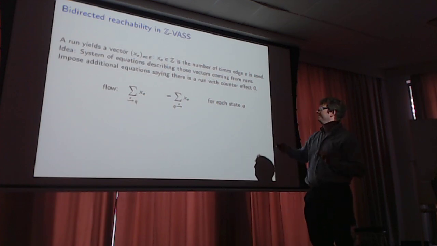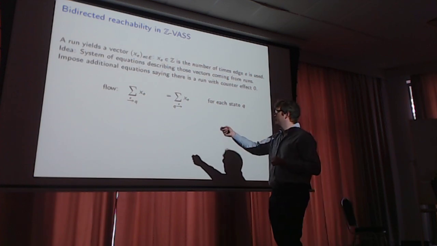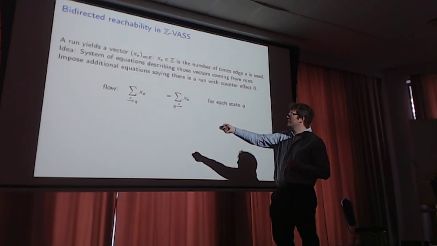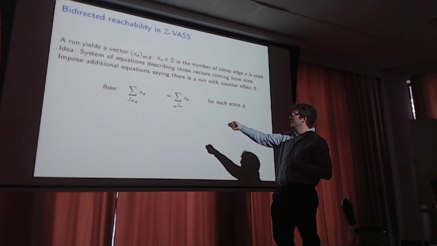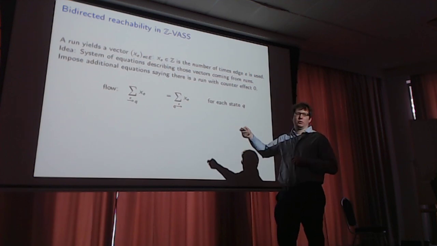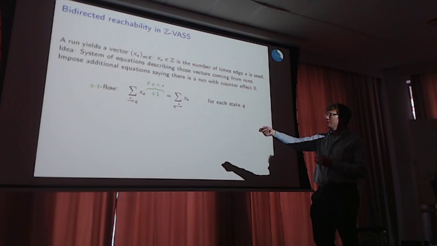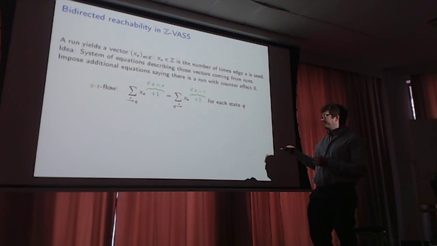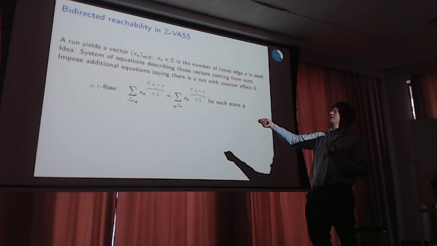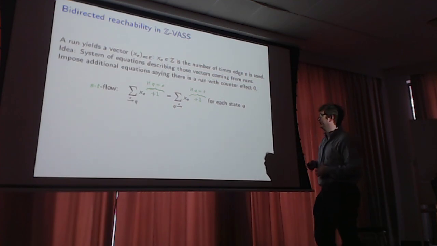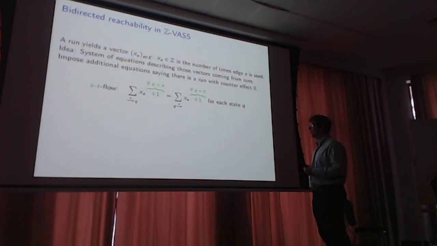The idea is you take a flow condition, which says that for every state Q, the number of edges that go into Q is the same as the number of edges that go out of Q. And if you want a flow that goes from state S to T, you have two exceptions. If Q happens to be S, then you allow yourself one less incoming edge, so you add one here, and likewise for T.